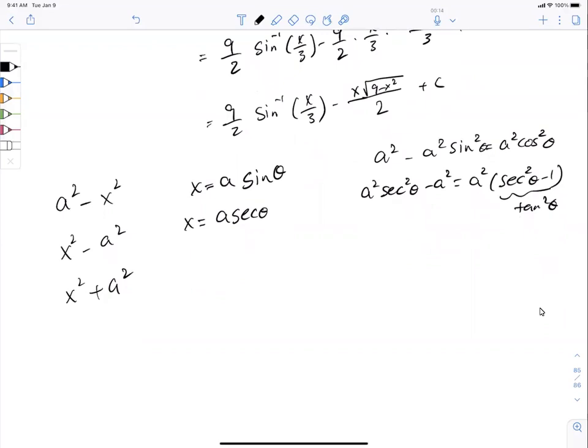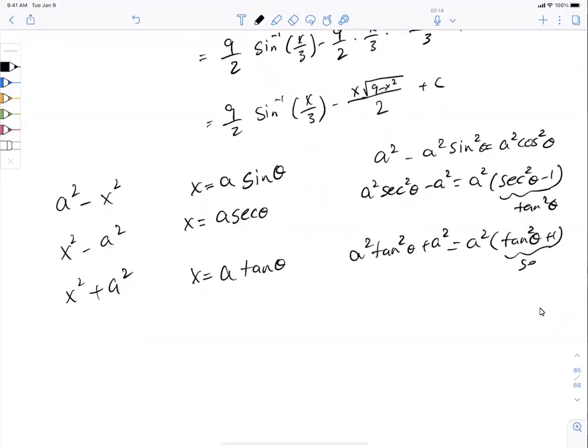And for this one, I'm going to let x be a tangent theta. So I get a squared tan squared plus a squared, which is a squared times (tan squared plus 1), which is secant squared. Again, an opportunity for that to come out. So these are the standard substitutions we're going to use.